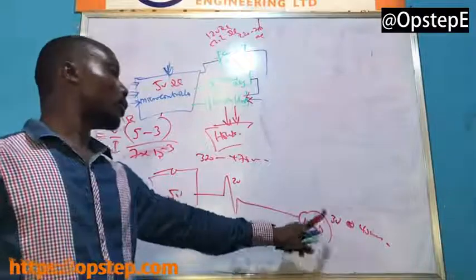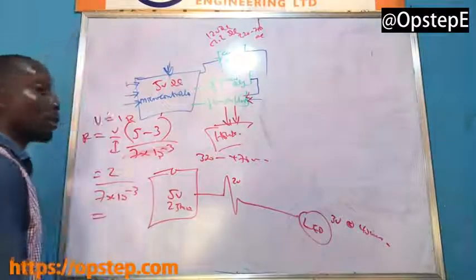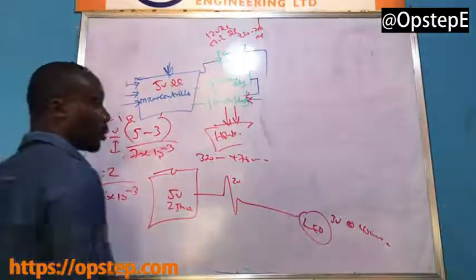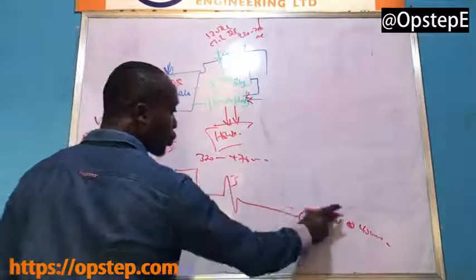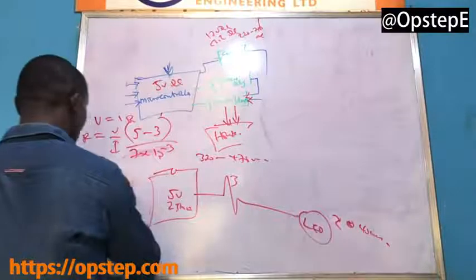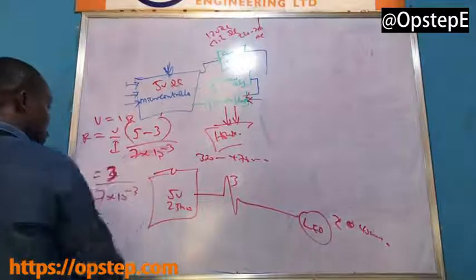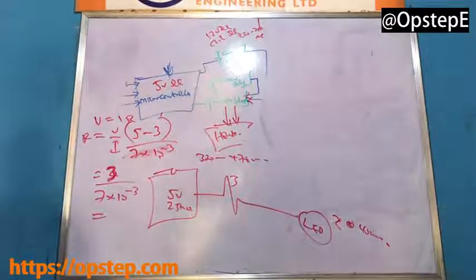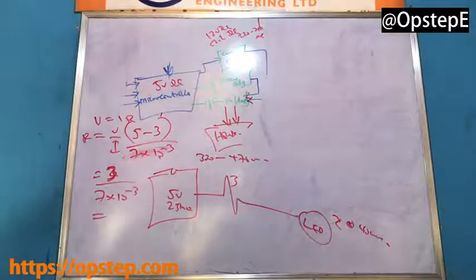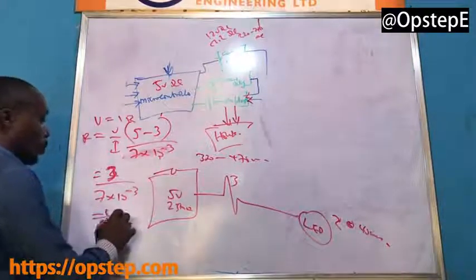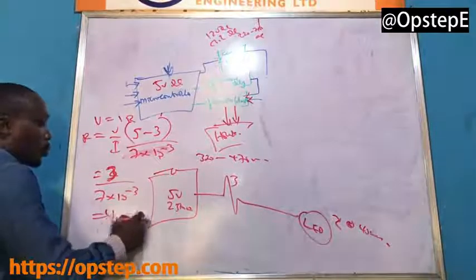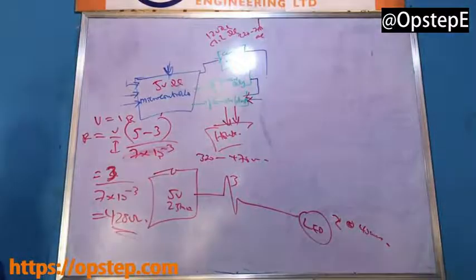We give 2 to this one. It's 3 we give to it. Yes, because it's going to be 2. I'm showing you the 3. Keep 3 here, put 2 here. So it's going to be 3. What would that give? That's 428.6. Thank you very much. 428.57. Say 428 ohms. You get it?